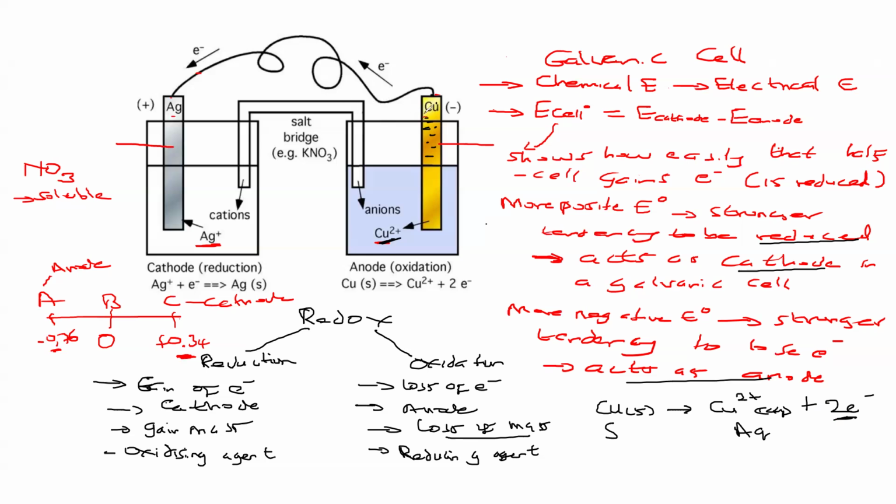All right. So we said that the electrons move from the anode to the cathode. Then they enter this side. When they enter this side, what do they find? They find the silver ions that are already in a solution. These are the silver ions that are in solution. And what do they get?